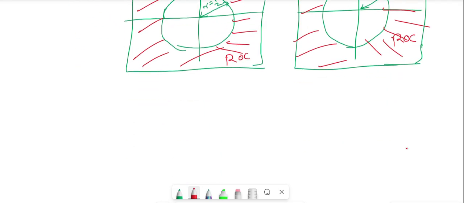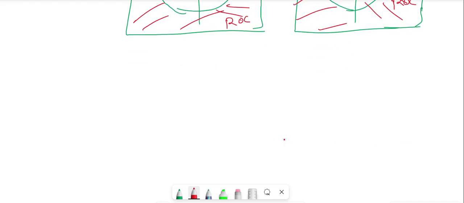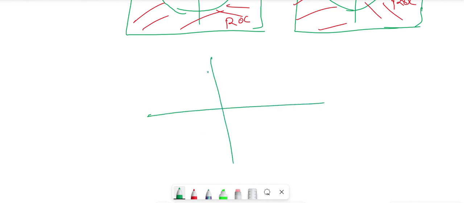Now I'll list out the conditions or the properties of ROC, and the stability conditions I'll discuss. So how do you draw this? What is the ideal condition?